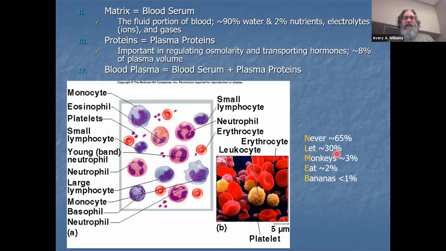And then the second most abundant are the L for lymphocytes, about 30%. So if you think about the 65% and 30%, that's 95% of all white blood cells are either going to be neutrophils or lymphocytes. And that's true. When I tell students in lab, if you're looking at a blood smear, you can see red blood cells easy because almost everything's a red blood cell.